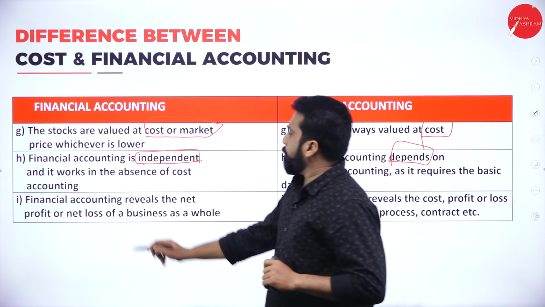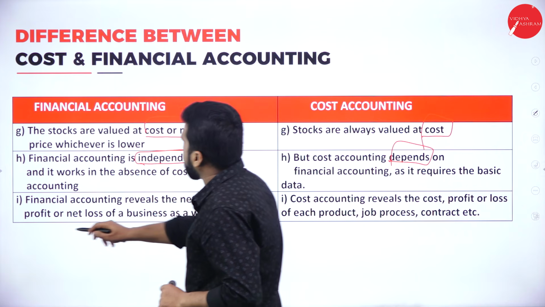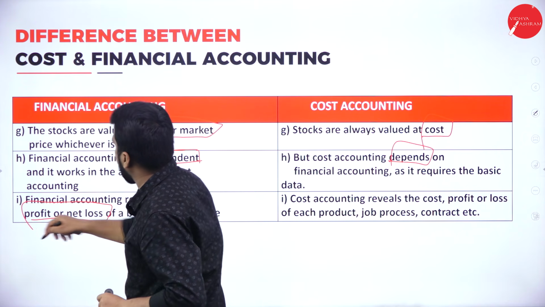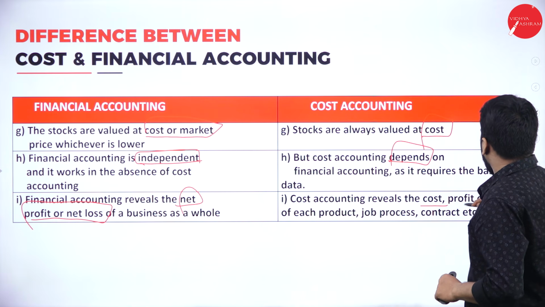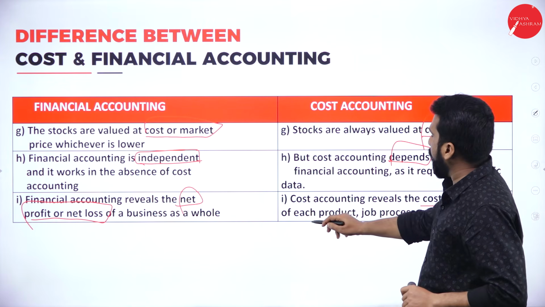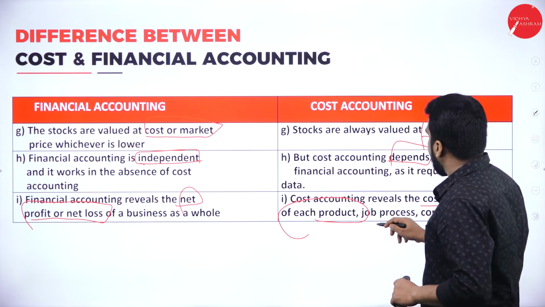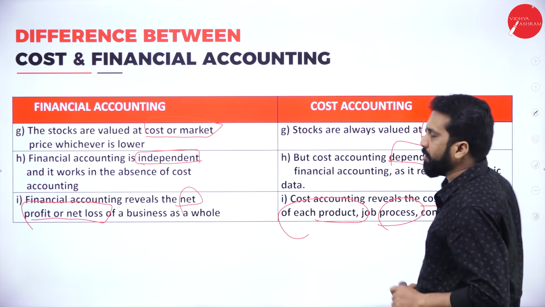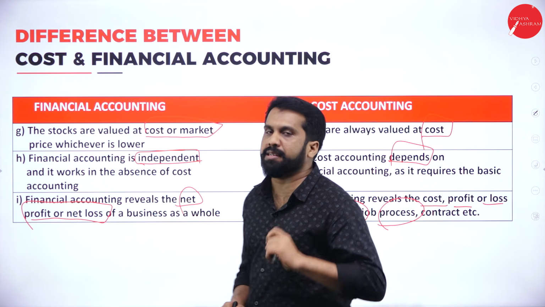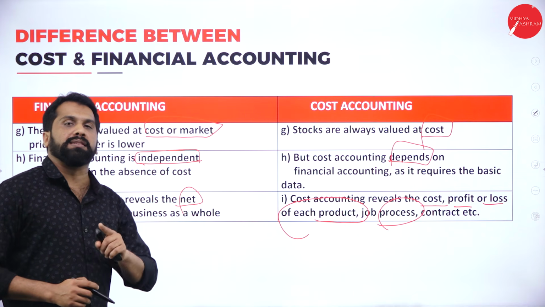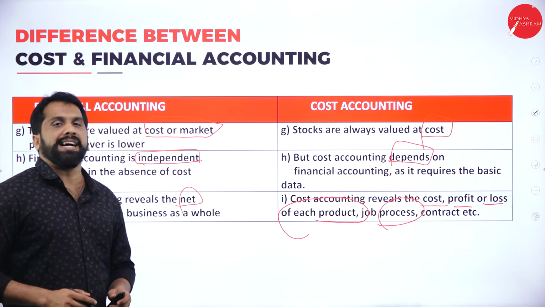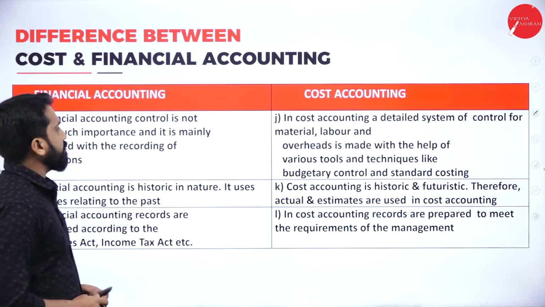Next, financial accounting reveals the net profit or net loss. But cost accounting reveals the cost, profit or loss of each product, each process, each job. Clear? Yes. These are all your points for distinguishing between financial accounting and cost accounting.